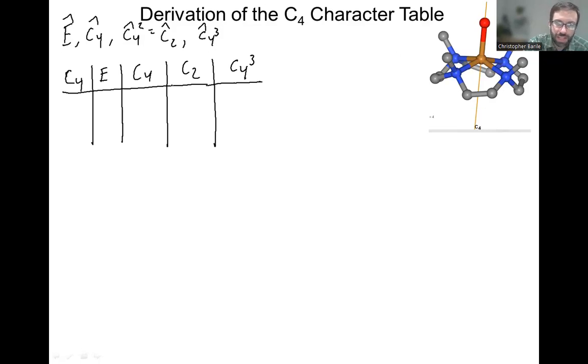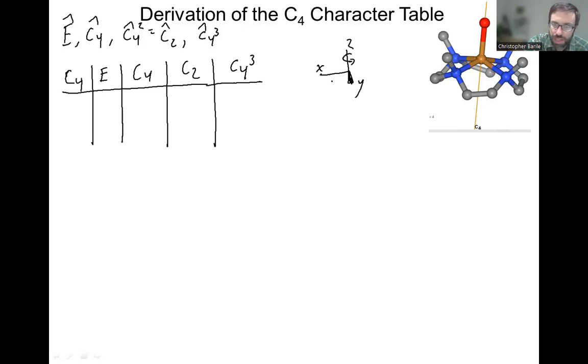And that's true here too, but the difference is there's no operation to interconvert them. If we define, for example, our z like this, our z always has to be coincident with our principal rotation axis. So we're talking about a C4 rotation across this axis. And we define, let's say, our x like this and our y coming out towards us.